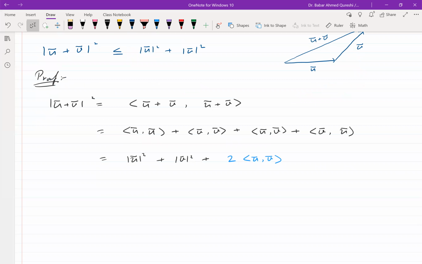Now over here, I want to throw this away in some way. But this can take positive or negative values, so I don't know what to do with it, except that I can use Schwarz inequality. 2 times uv is less than or equal to its modulus.